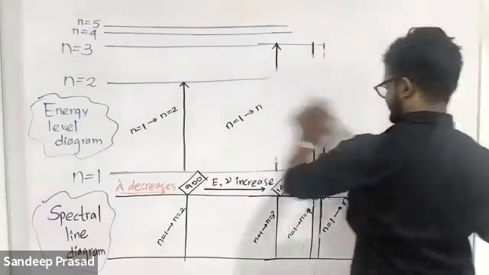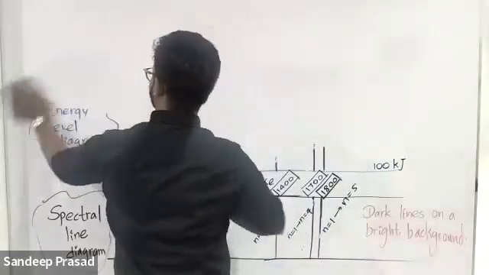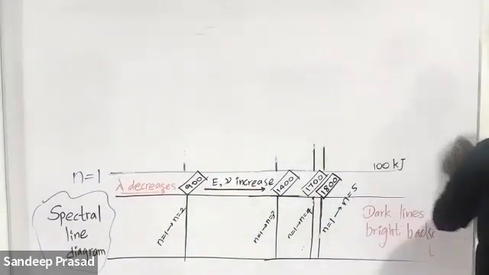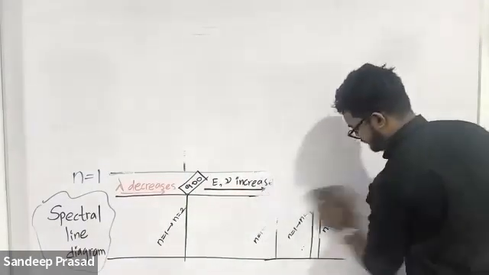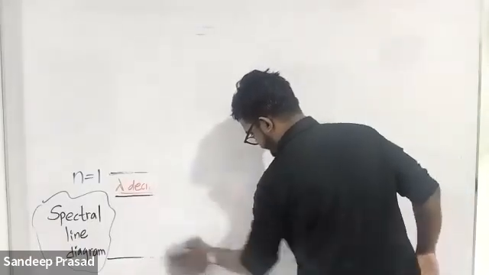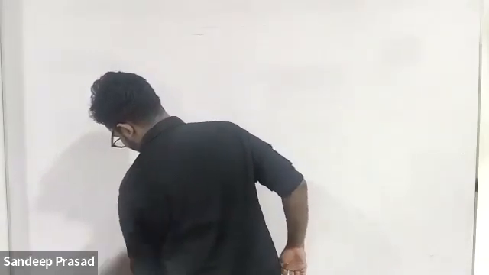Emission spectrum is easy. Right, opposite of this one, right? Opposite of this one. Nothing else. Here we put the arrow upward. In the next diagram, we are going to put the arrow downwards. That's all. Right.